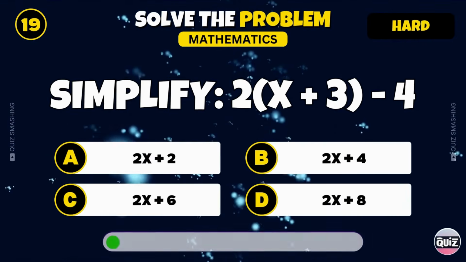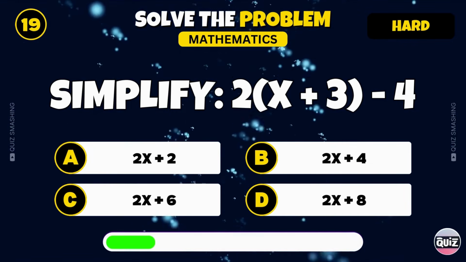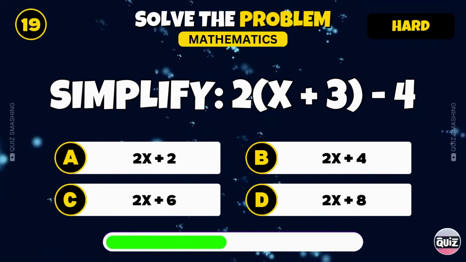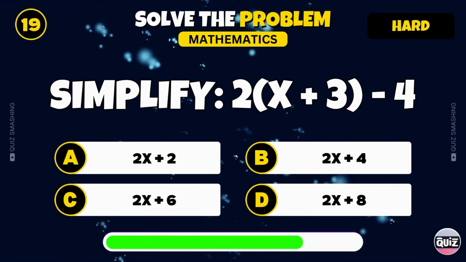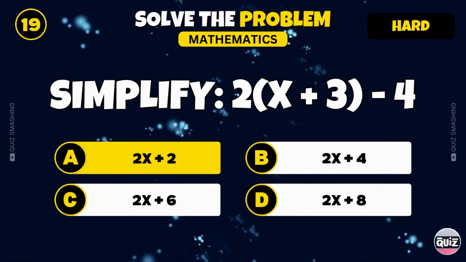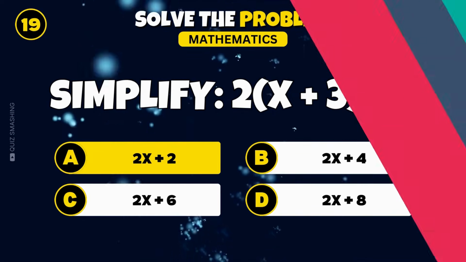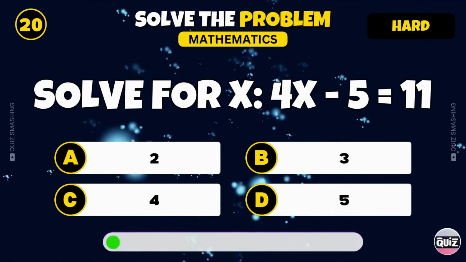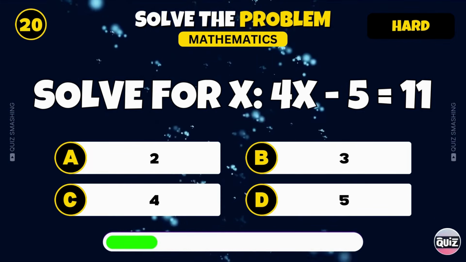Simplify 2 times (x plus 3) minus 4. Nice work. It becomes 2x plus 2. Solve for x. 4x minus 5 equals 11.